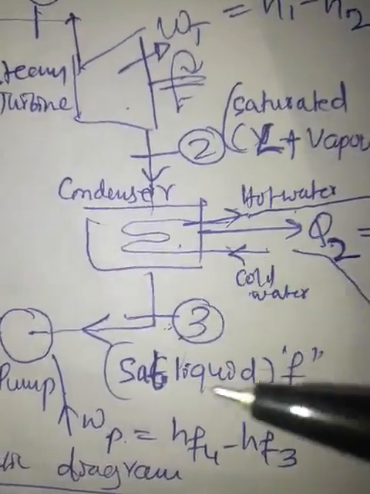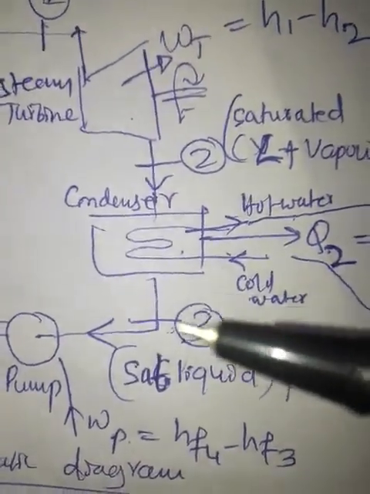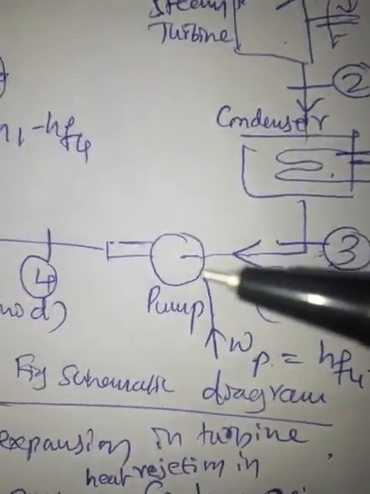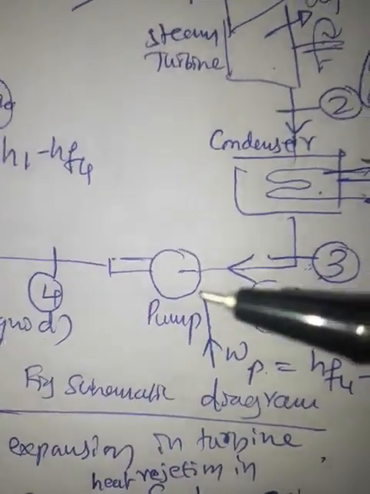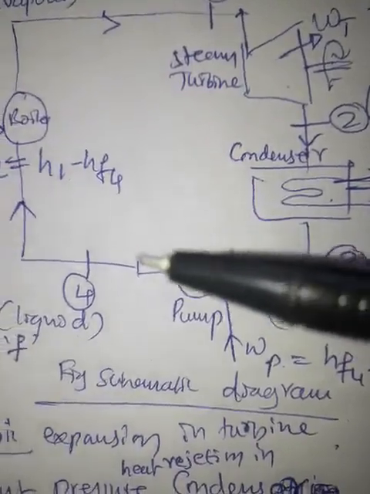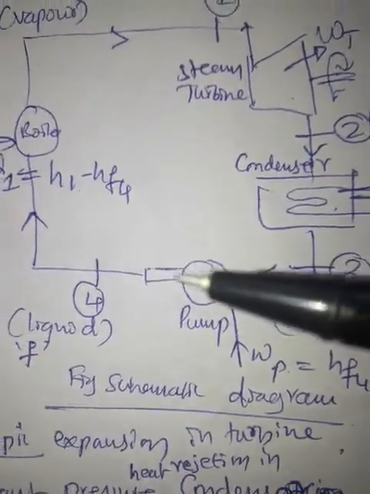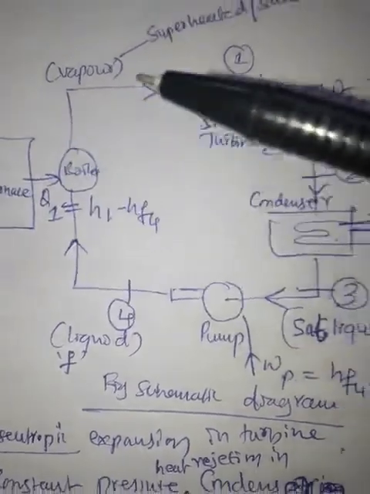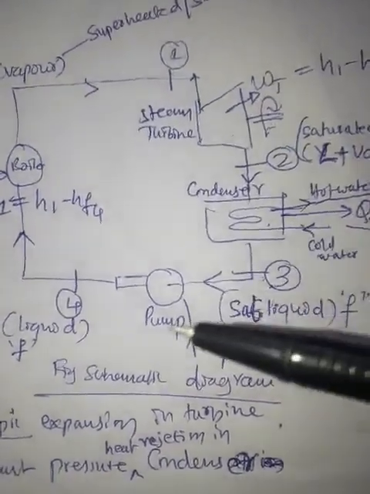Then the saturated liquid form of water or condensate at state 3 will enter the next device called the pump. This pumps the liquid condensate at state 4 into the boiler. Thus the Rankine cycle is completed.